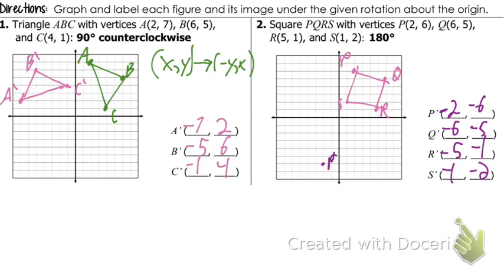Q prime is -6, -5. R prime is -5, -1. And then -1, -2 is S prime. And it does end up in that quadrant, which is a good sign. Questions on that?